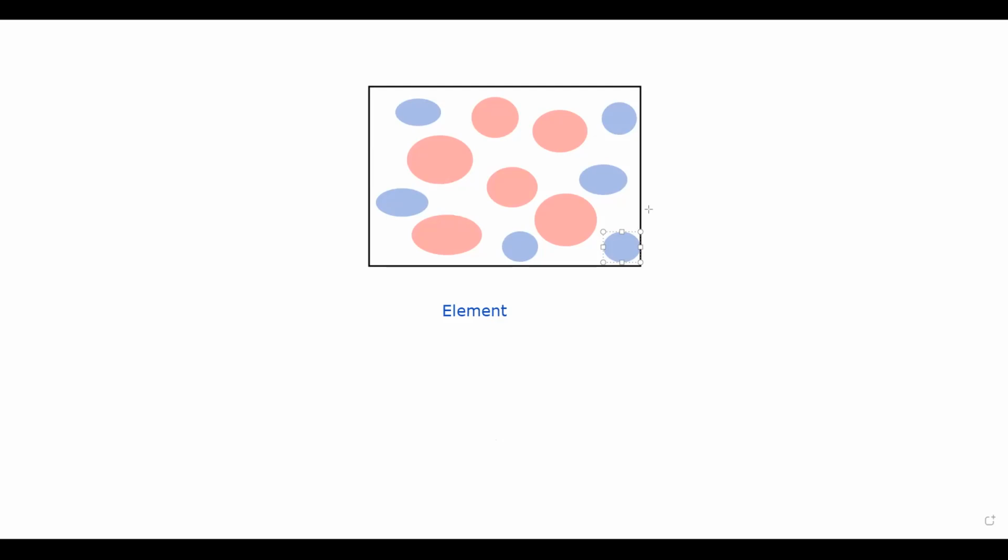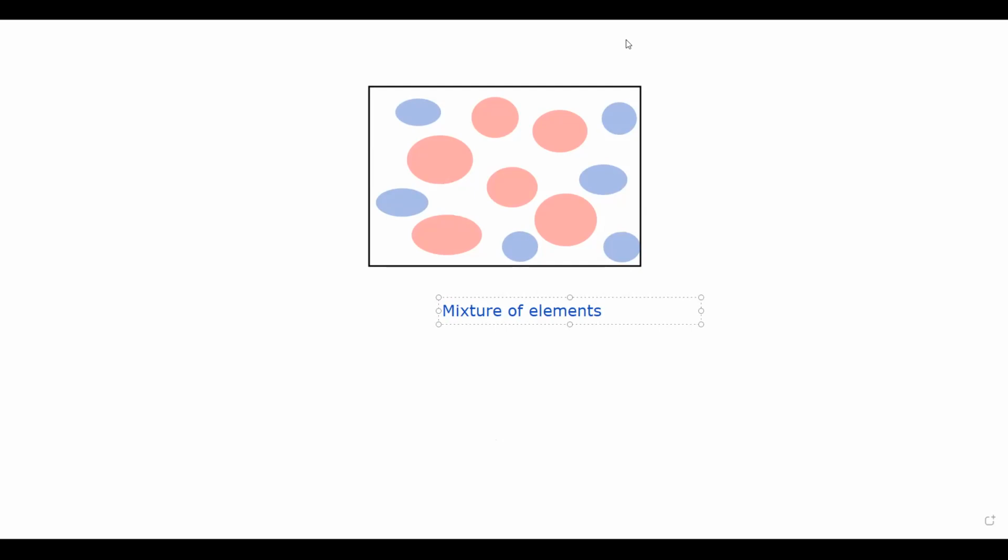So when two different types mix together, this is a mixture of elements, because two different types of elements are joined together. That's why it's a mixture of elements.